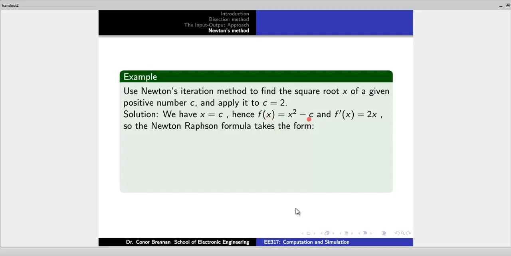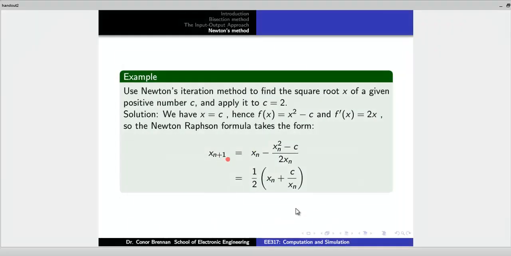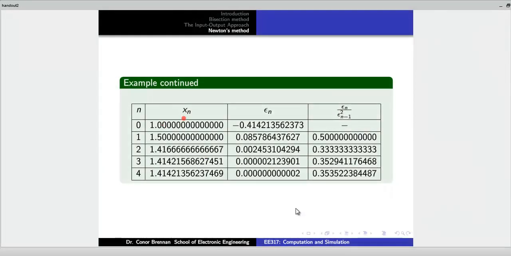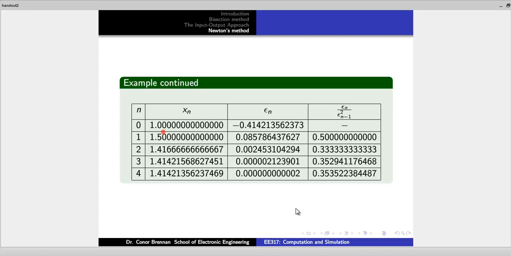The derivative, because we need the derivative for the Newton-Raphson method, is f dash of x equals 2x. Newton-Raphson says that the updated iteration is the previous iteration minus f of x n divided by f dash at x n, which is this, and you can simplify it to get that. Starting off with x n equals 1, we put c equal to 2 to get the square root of 2.